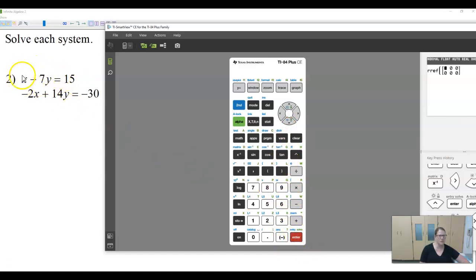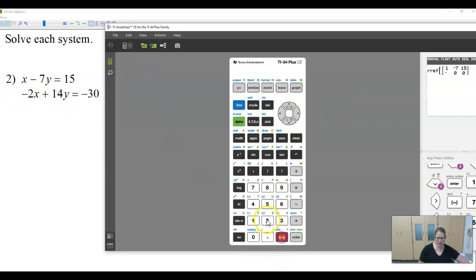So again, remember, it's just the numbers in front of our variables and then our number that's across the equal sign. So on the top one, I'll have 1, negative 7, and 15 across there. Again, very important to choose this negative, not that one. And then 15. If I just hit the over arrow when I'm done with that first row, it will take me straight to the second row.